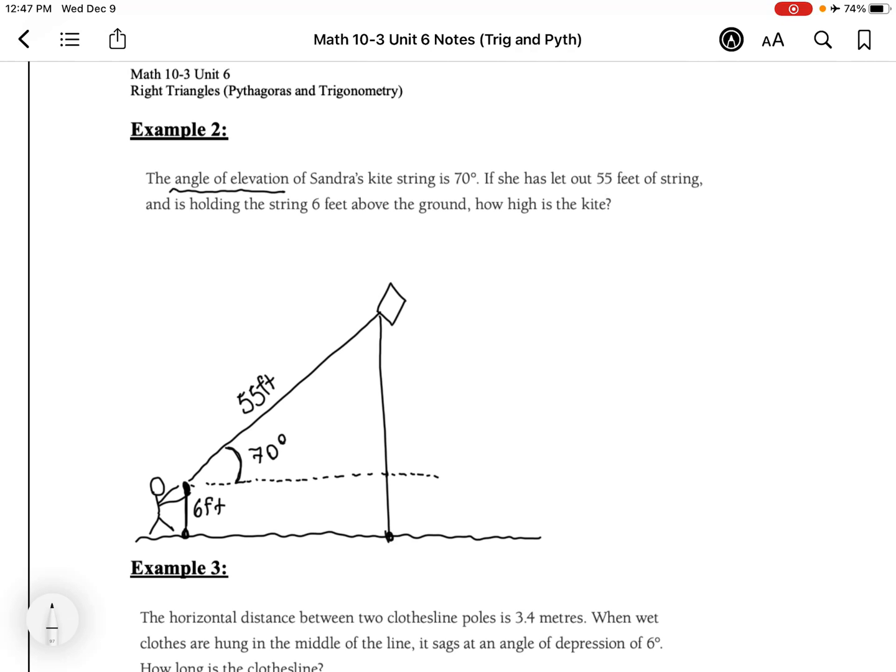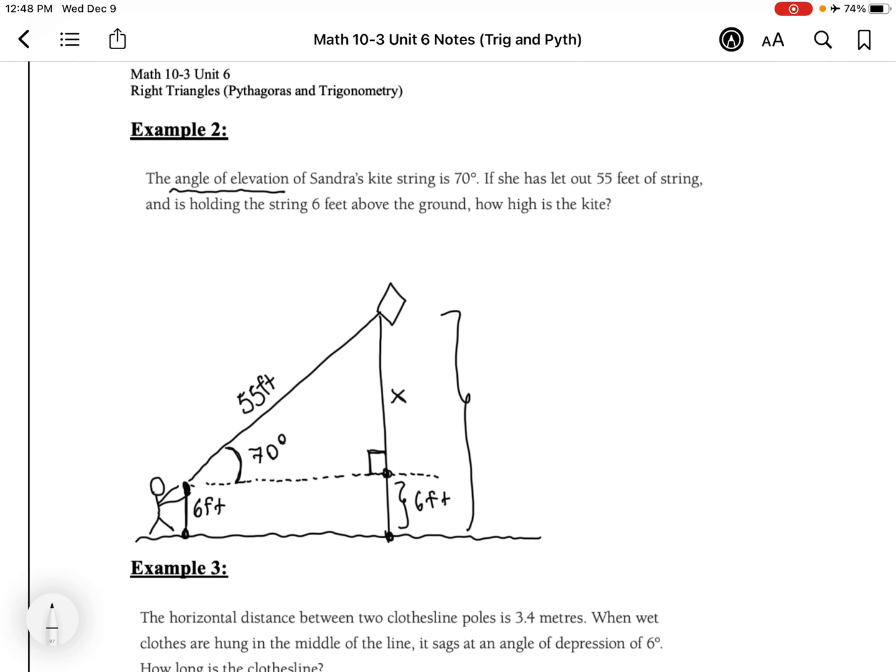How tall is that? Well, this is now a right triangle, and we know this is 6 feet. So if we can find this, I'm going to call this x, then the total height would be x plus 6.